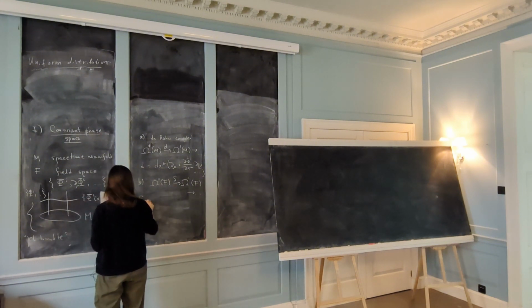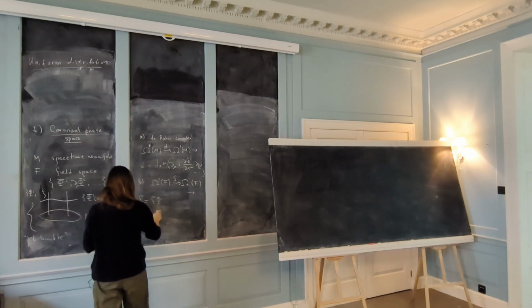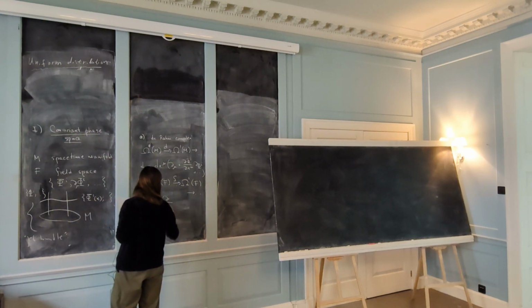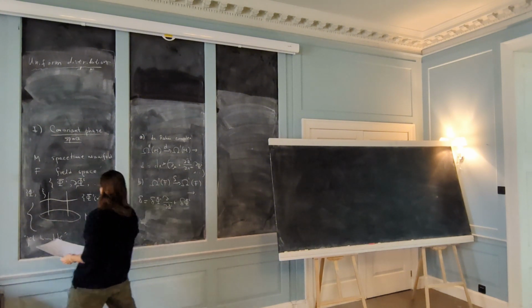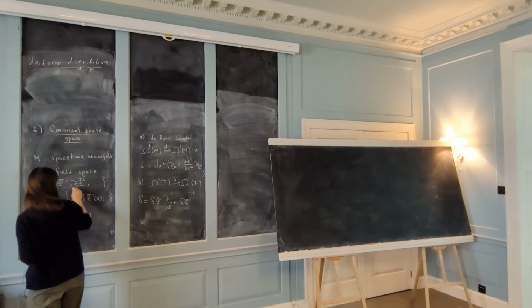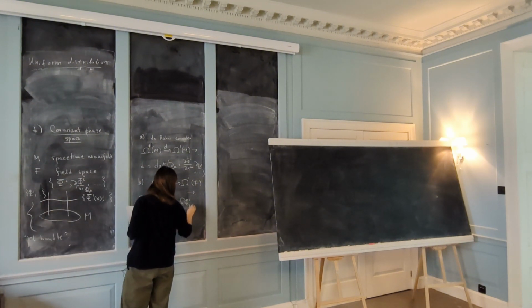And this delta explicitly is given by delta phi I d by d phi I plus delta phi I mu d by d phi I mu. For simplicity, I'm going to define d mu phi I to be phi I mu, and so on.